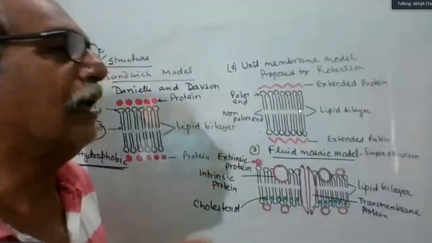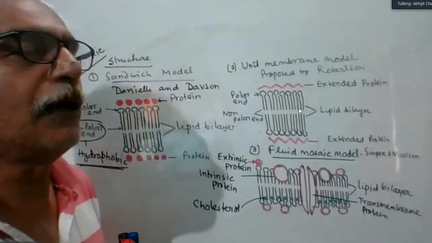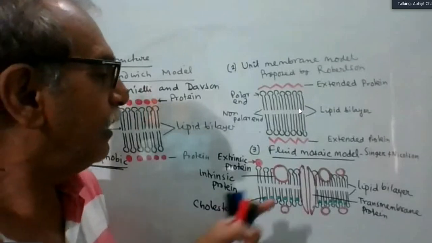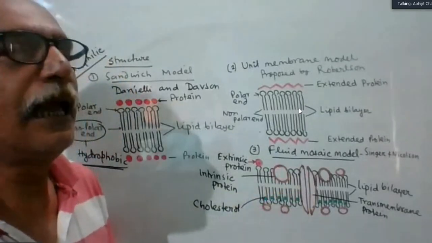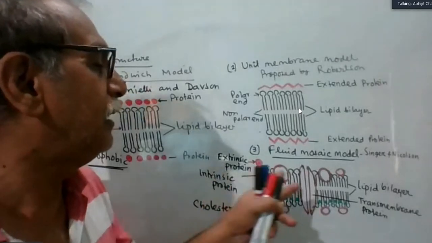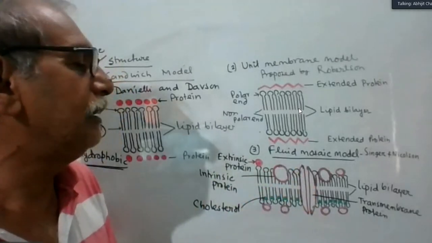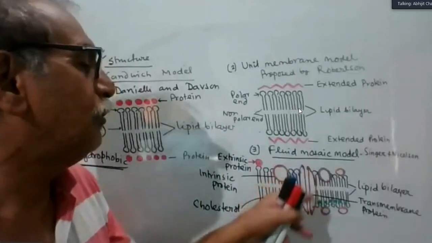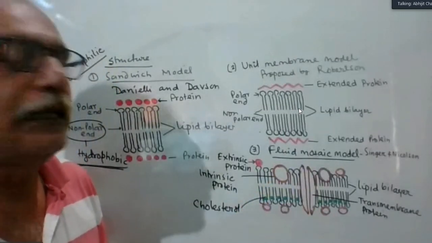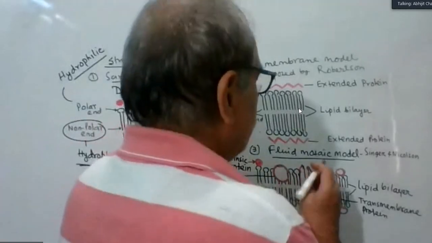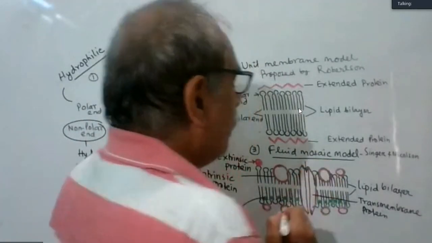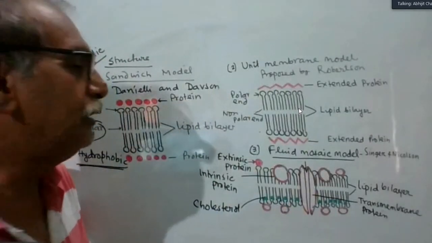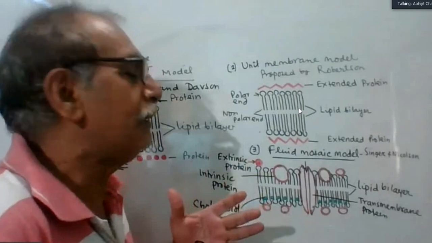That means it can now explain active transport through this membrane. As a pore is developed in the transmembrane protein, water and water soluble substances can easily pass through these pores. So this is the most important thing, and this problem is resolved.